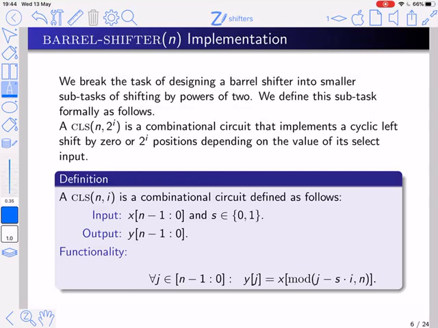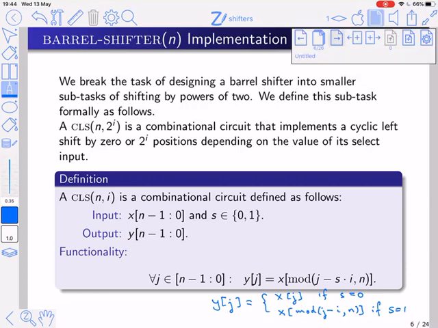It means that yj equals xj if s is 0, in this case no shift takes place, otherwise it equals x in position mod of j minus i, comma n, if s is 1. So as you can see, it either doesn't perform a shift at all or it performs a shift by i positions to the left, a cyclic shift.